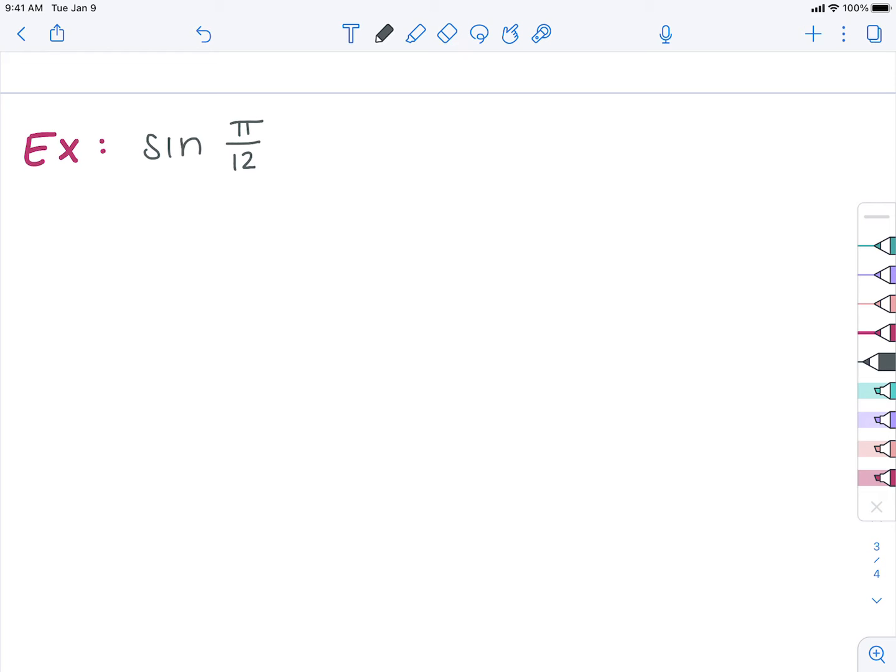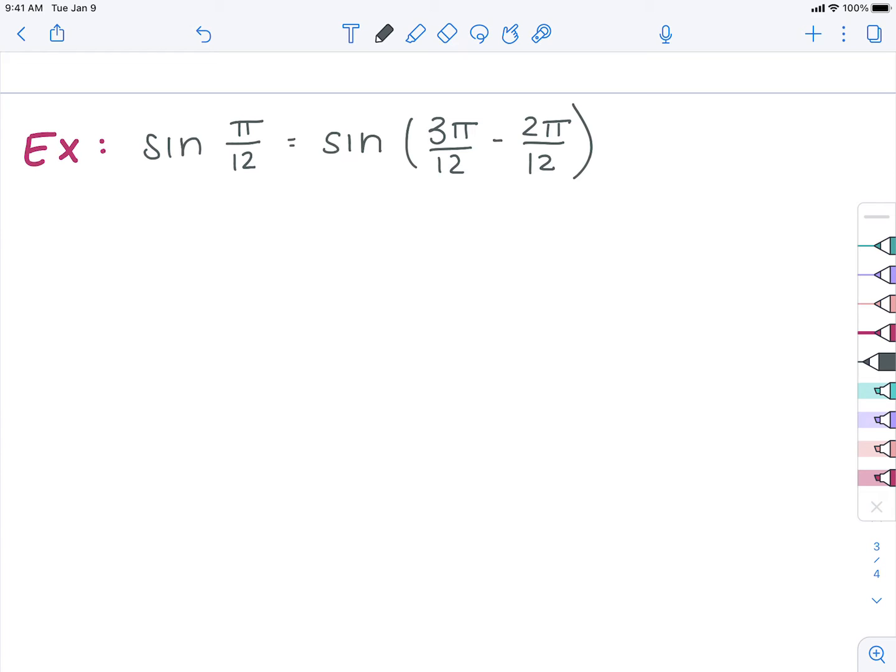But I can rewrite pi over 12 to be the sine of 3 pi over 12 minus 2 pi over 12, which you're probably saying to me, why in the world would you do that?